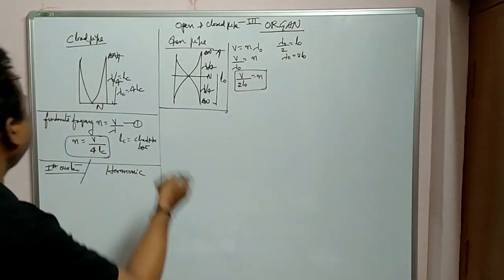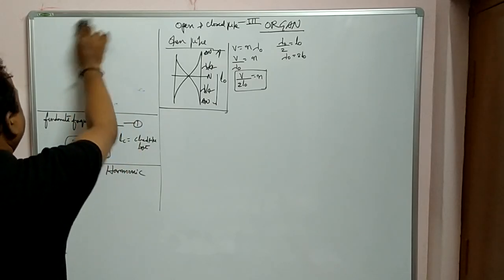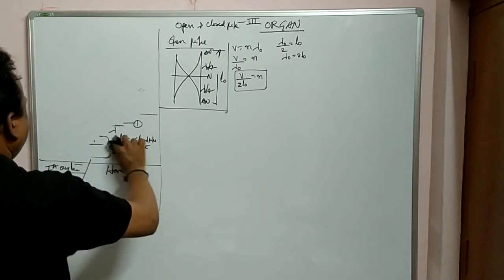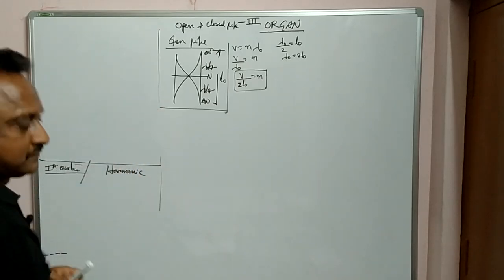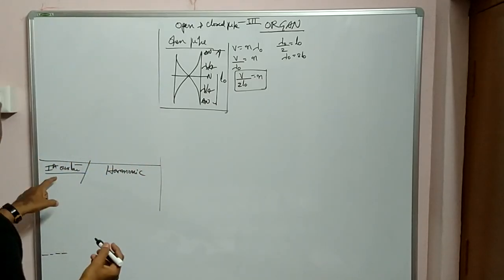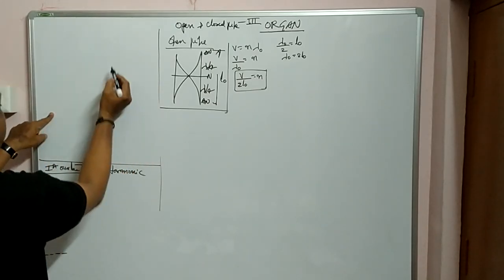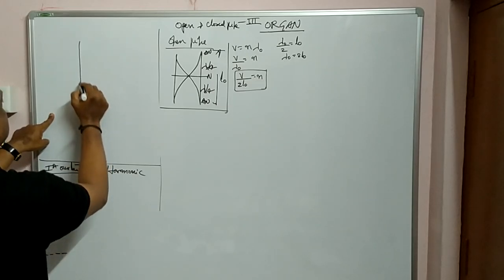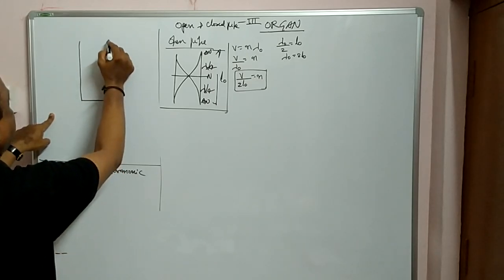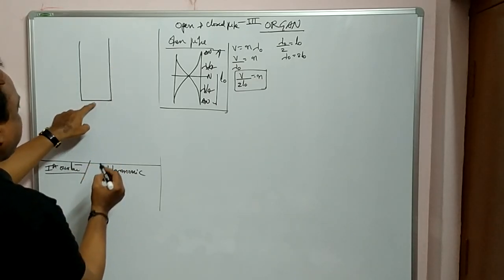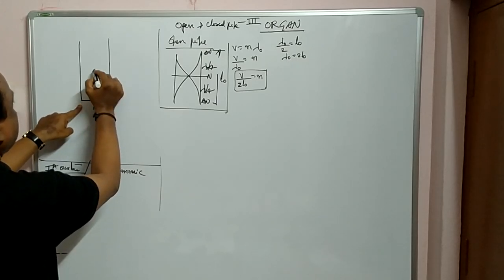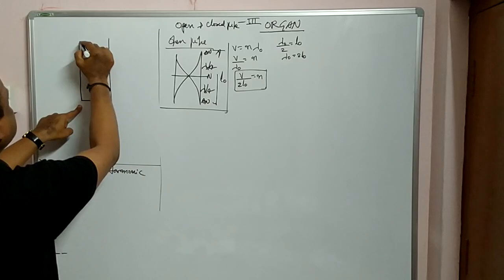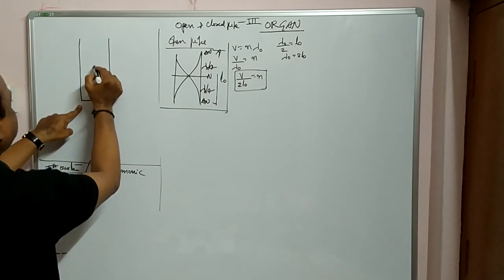Now I am going for the first overtone. Let us see how it looks. In the first overtone, I told you the closed end must be a node, so one more node will be coming here. That means I will shift a little.